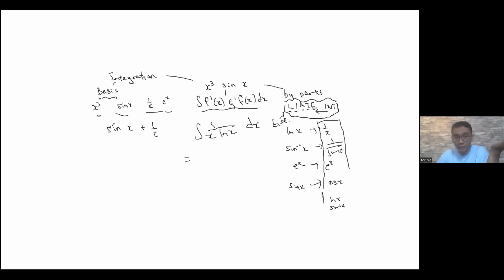A product is something times something. The only way to put it as a product is like this: 1 over x times 1 over ln x dx. So this is the f prime x example. When you look at a product, the first thing you need to do is see the inner function, because it's a composite function.